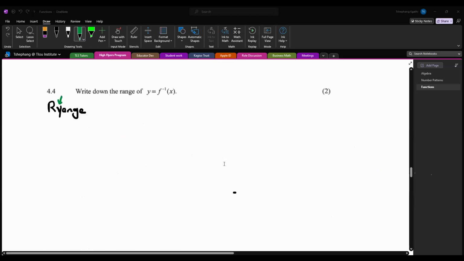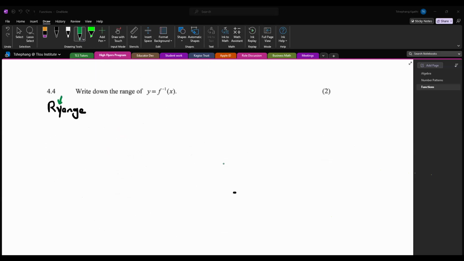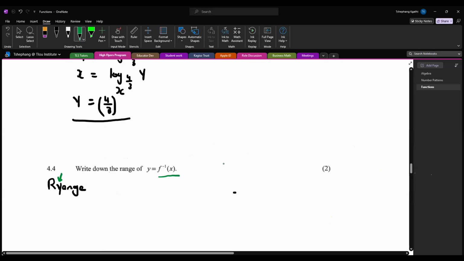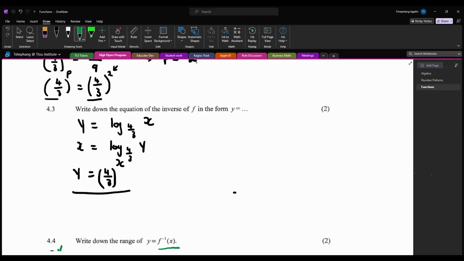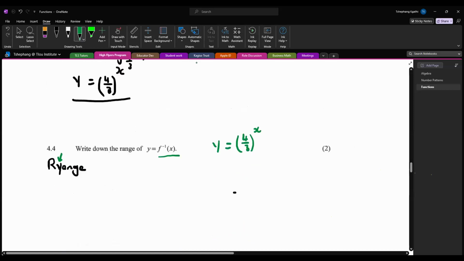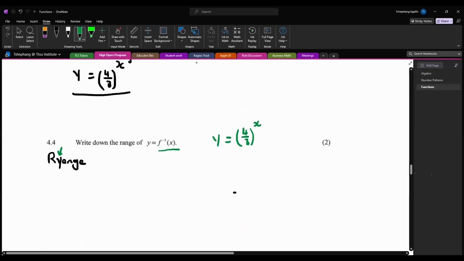The question clearly says: write down the range of the inverse. And I think we found the inverse. Yes, the previous question says find the inverse. So the inverse is y is equal to 4 over 3 to the power of x. Now, what kind of graph is that? That is an exponential graph.